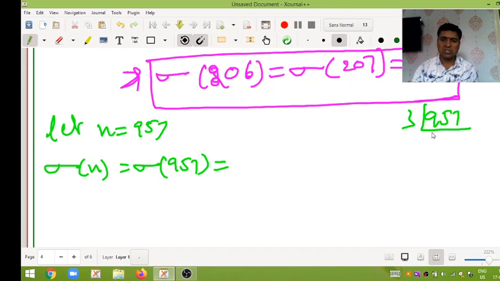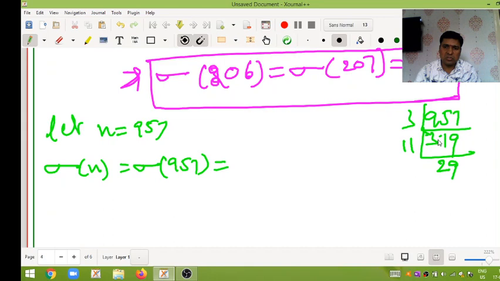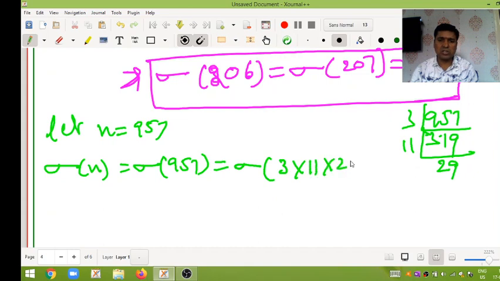So 3 1s are 3, 3 9s are 27, again with the 11 table, 11 29s will come. So this is nothing but 3 into 11 into 29.